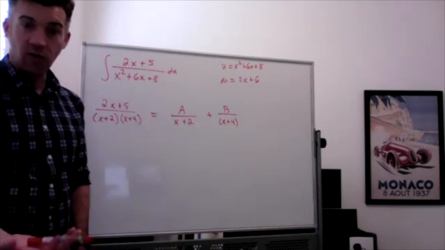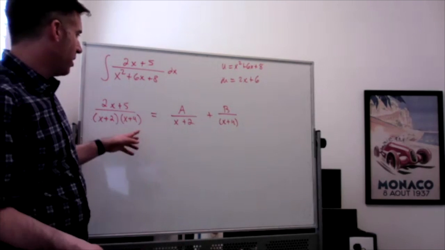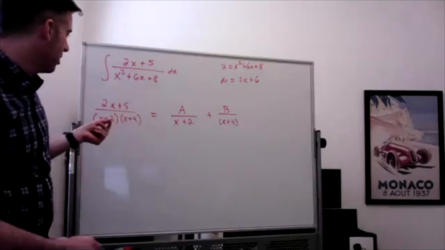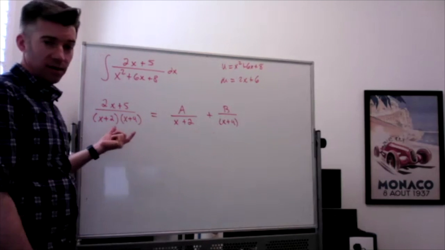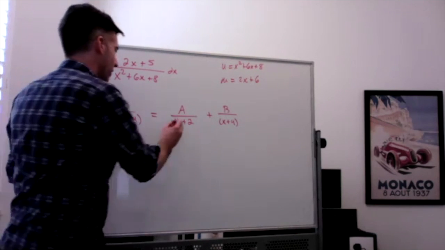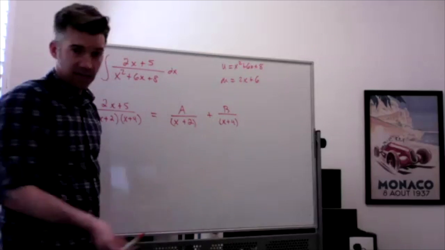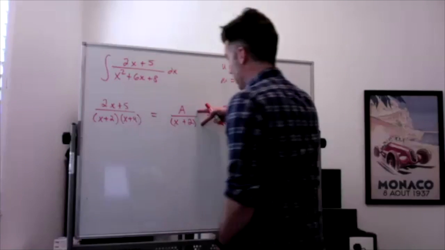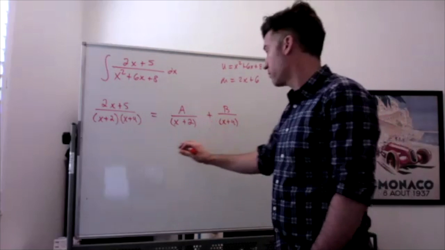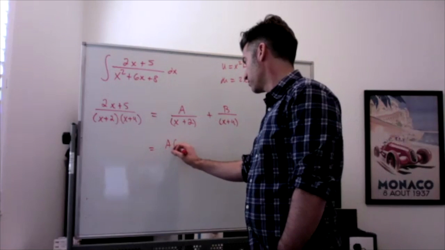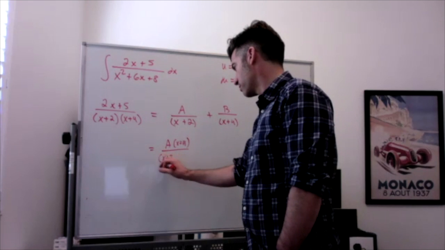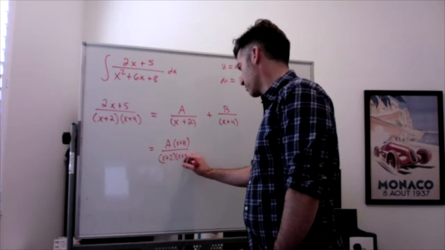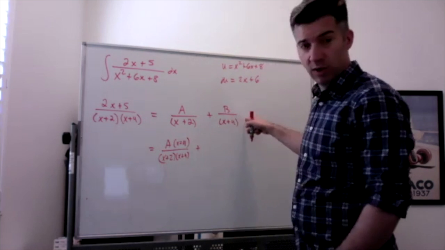This is totally going to work because these fractions have the common denominator x plus 2 times x plus 4. So if we were to add these together, I would multiply this by x plus 4 over x plus 4, and I would multiply this one by x plus 2 over x plus 2.